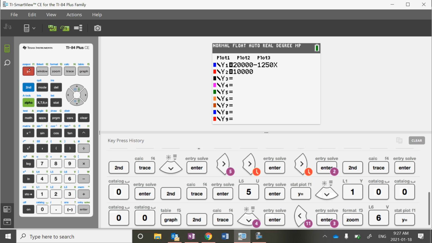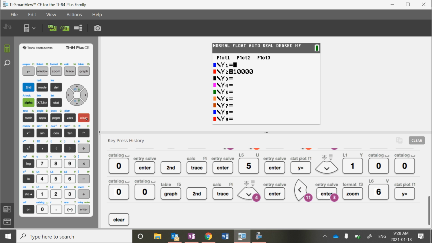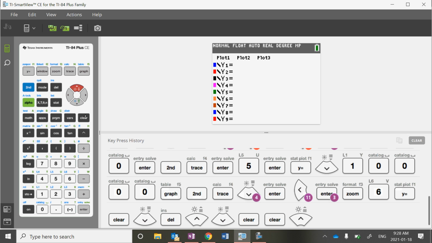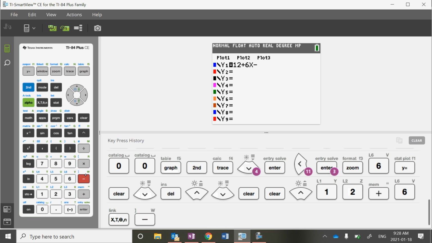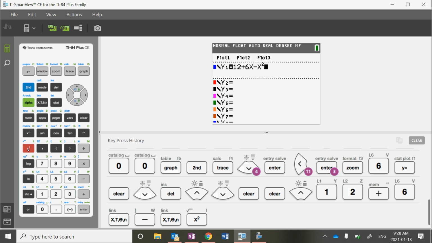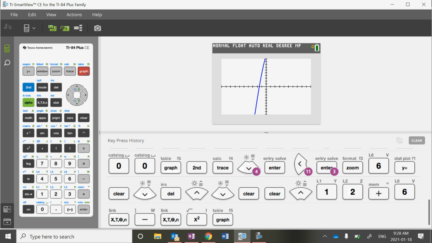So Y equals, clear both of your equations that are in here. Truthfully, you could put in any Y equals, it doesn't have to be the first one. So I'm going to type 12 plus 6x minus x squared. Graph.